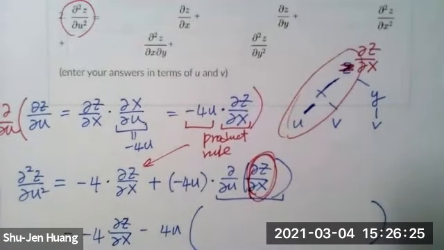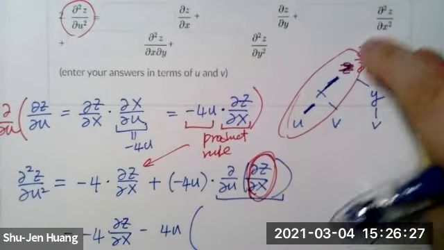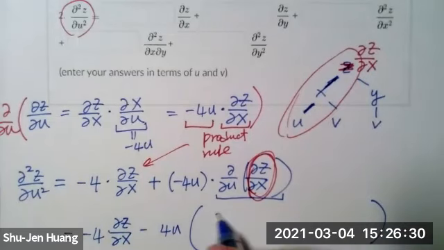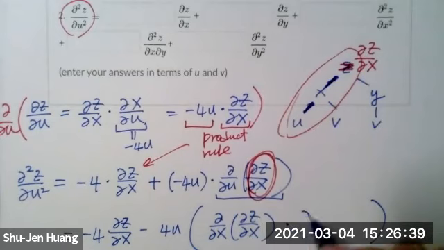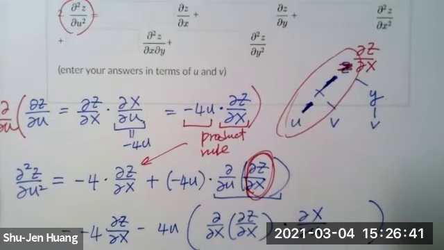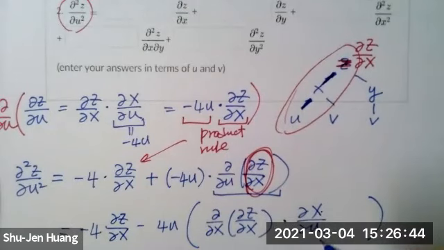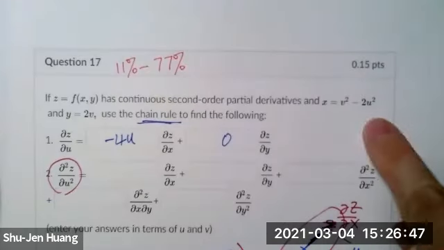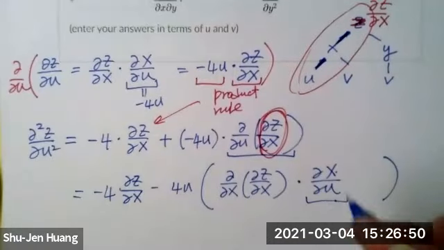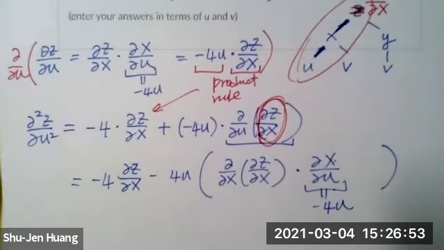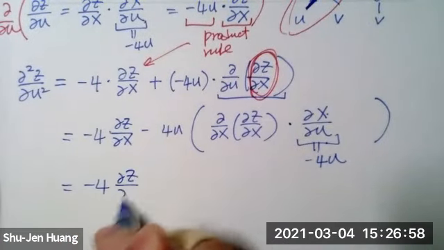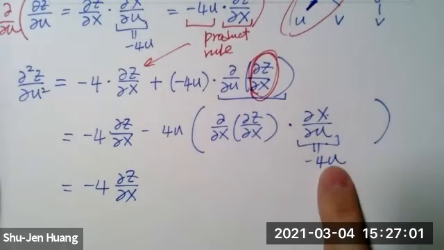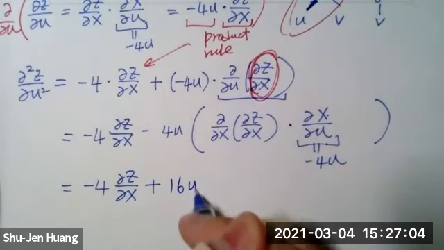Using this tree diagram, we can write it out. We use the parent function, take the derivative with respect to x, and then partial x, partial u. We only have one term. And what's partial x, partial u? We did that earlier: partial x, partial u is -4u. Now we can combine them and simplify. We have -4u times -4u, which gives positive 16u squared.